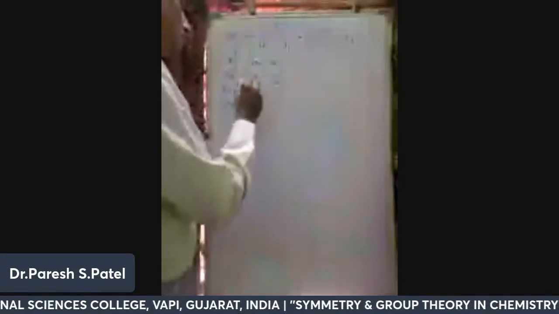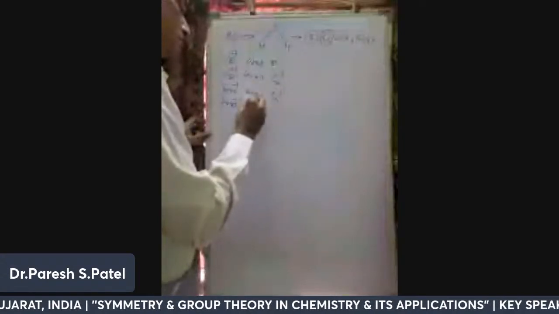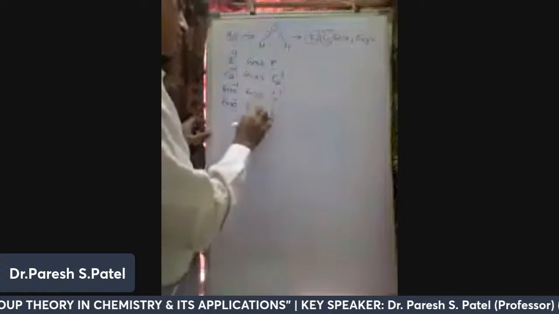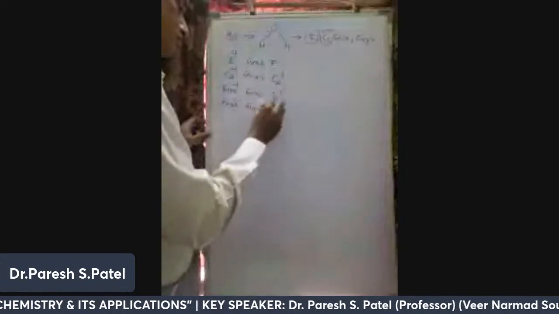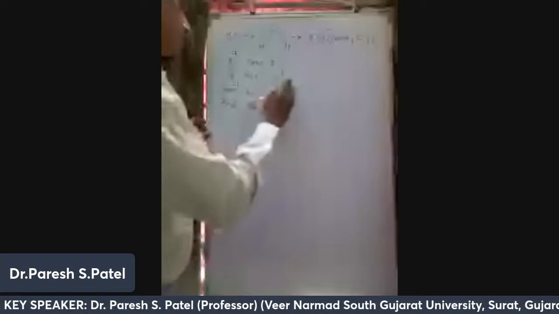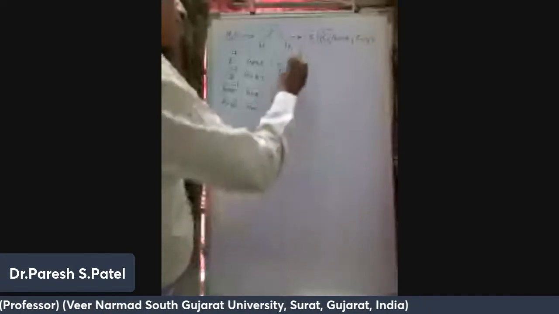Similarly, the third element of the symmetry operation is sigma V xz.